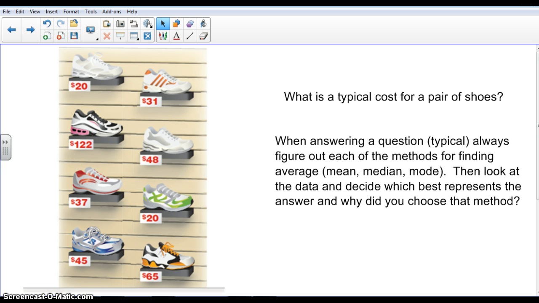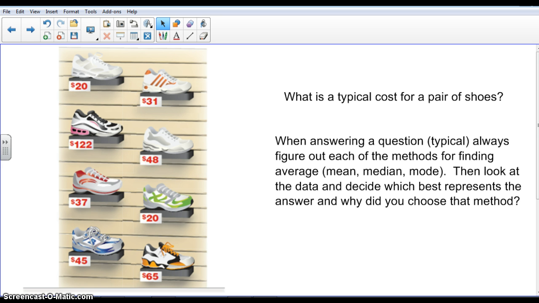So that is what best describes the typical cost of a pair of tennis shoes. If it asked you the average of all these tennis shoes, including the $122 one, well, yeah, that's going to be your mean. But the median gives you more information on that.